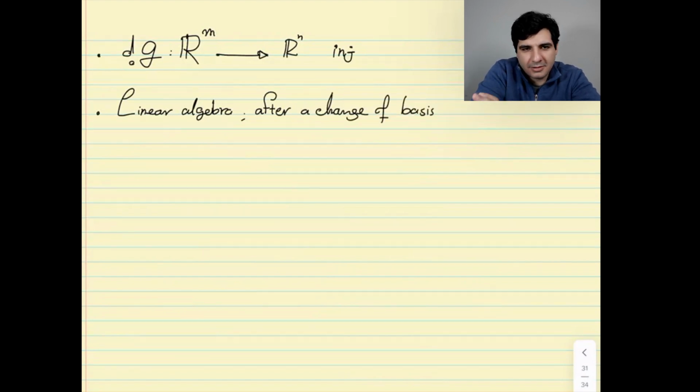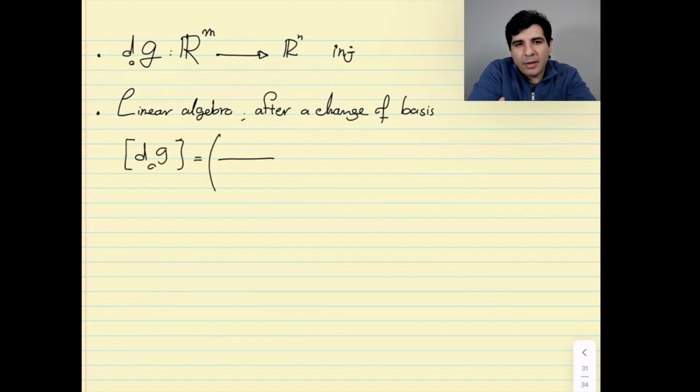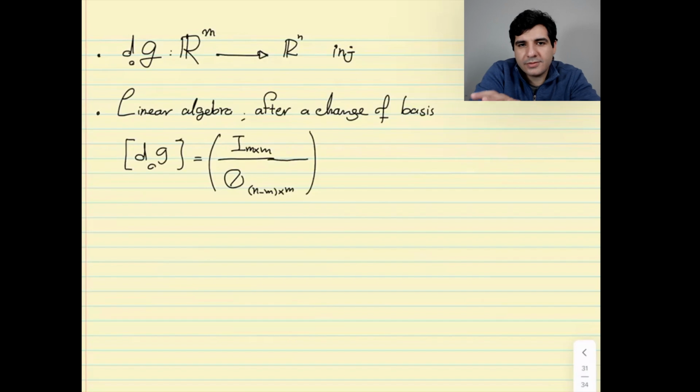So in a good basis, the matrix that defines this map has an m by m identity matrix up there, and then the lower block is just all zeros, an n minus m by m matrix of zeros. Okay, so if you don't remember this theorem or you're not happy with your linear algebra background, you might want to go back and try to prove it yourself. This is quite straightforward.